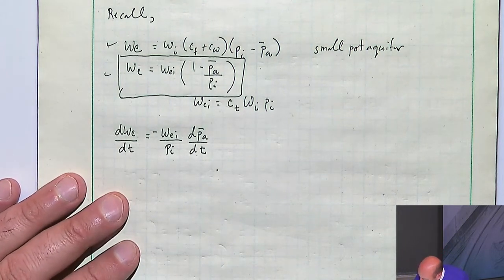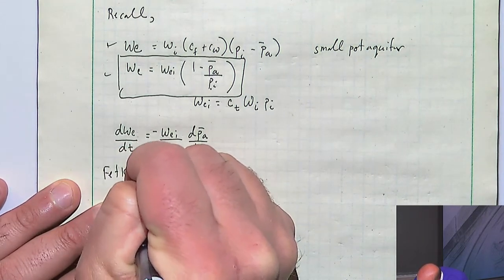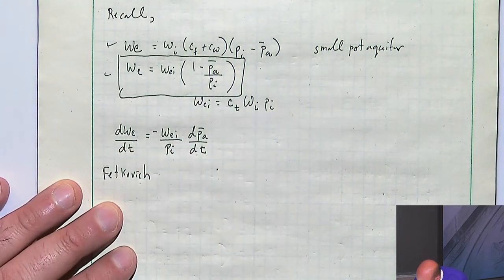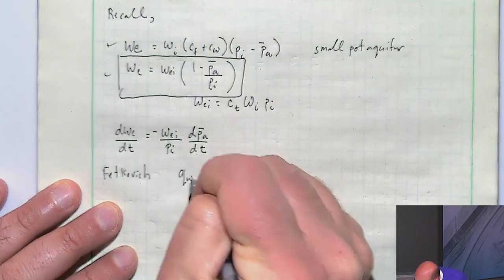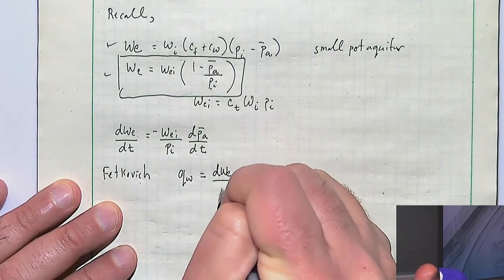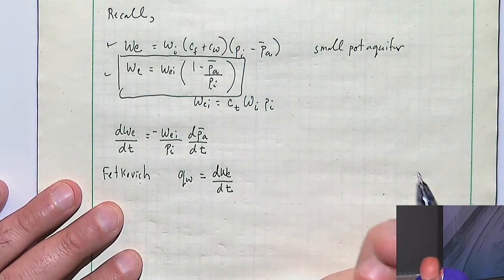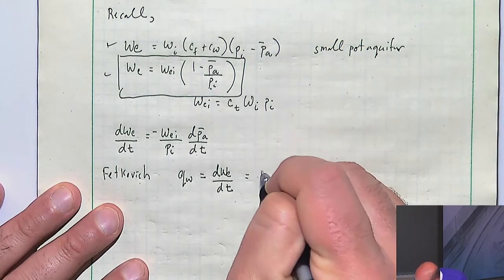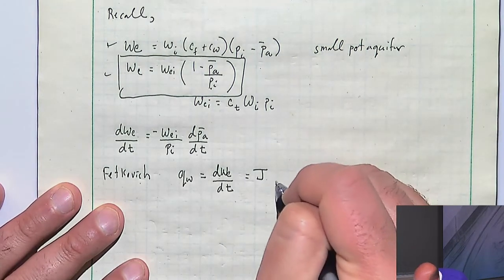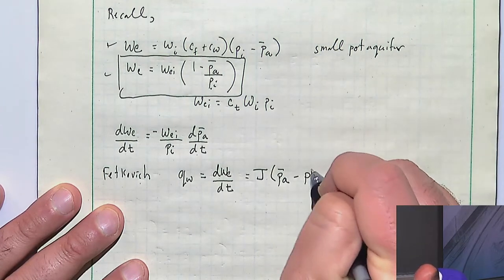Now, what Fetkovich proposed is that the water influx rate, QW, which is the change in the cumulative influx with respect to time, so that's barrels per day, is equal to some constant J times the average aquifer pressure minus the reservoir pressure.